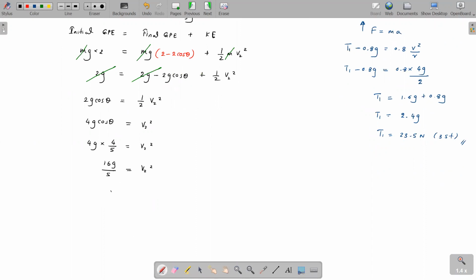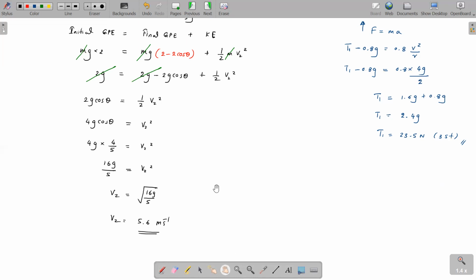So v2 is root 16g/5. So how much is it? 16 into 9.8 divided by 5. Square root the answer and you get 5.6 directly. It's coming as an exact answer, 5.6 meters per second.